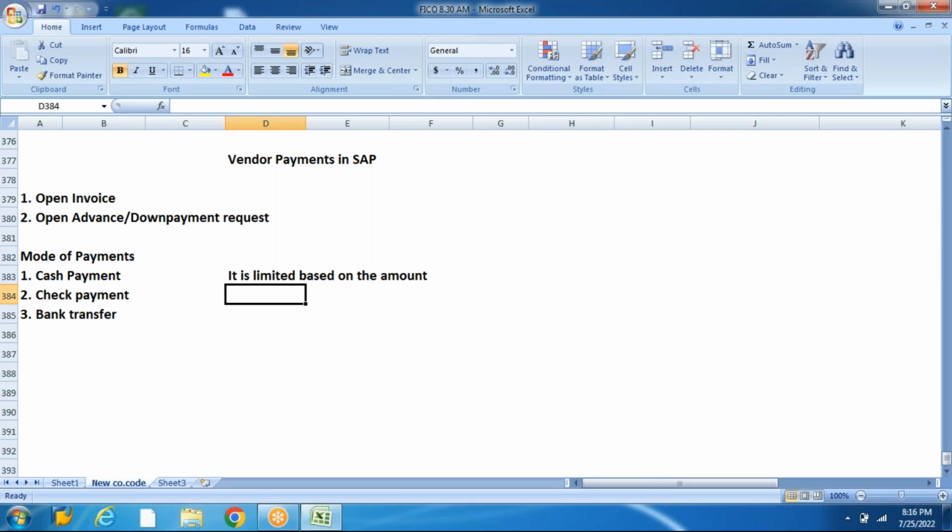If I've purchased around, let's say, 2 lakh rupees worth of material from a vendor, am I allowed to pay 2 lakh in cash? No, sir. No, right? You're not allowed. Why not allowed?